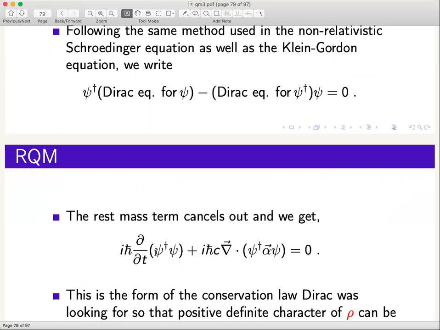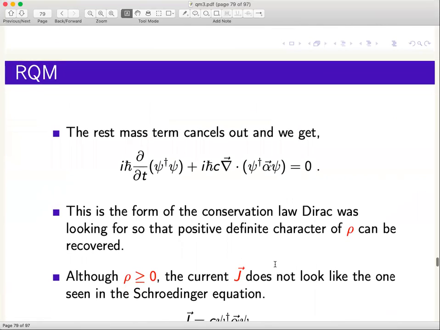So once, of course, this derivative would act on ψ dagger, once it will act on ψ, and you will see that they come directly from this expression. A couple of lines of manipulation will bring you to this. Okay. So now this is a good form of conservation law, because the conserved charge in this particular case is ψ dagger ψ, which is manifestly positive definite.